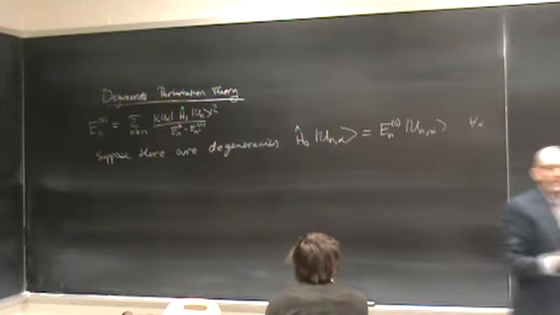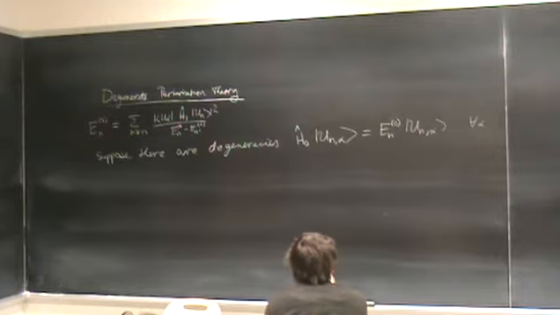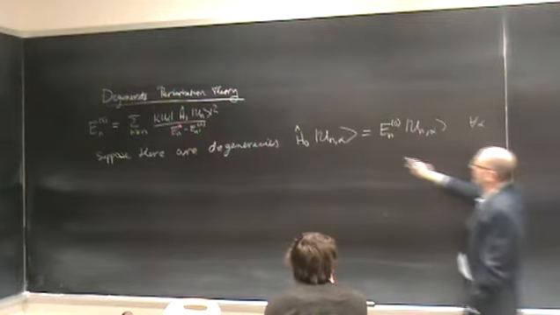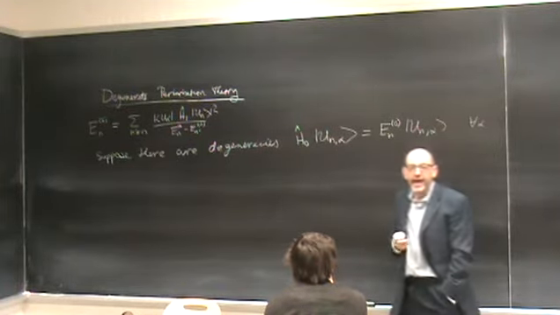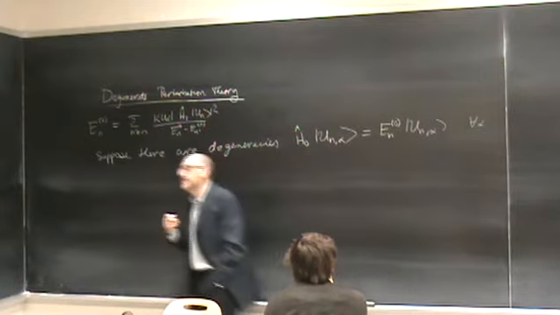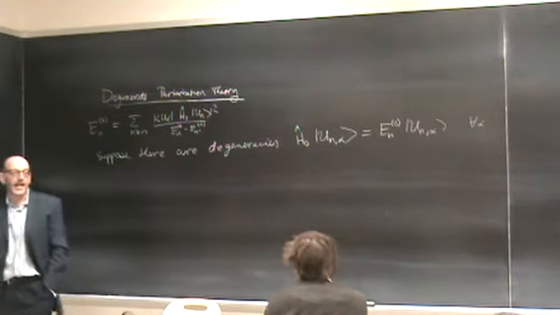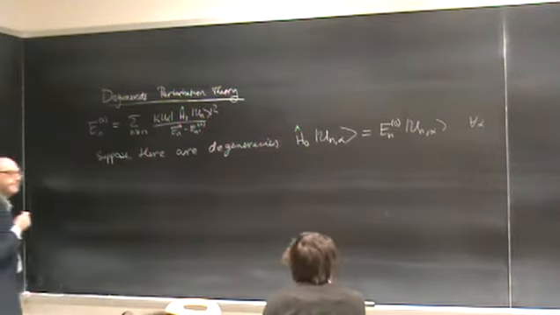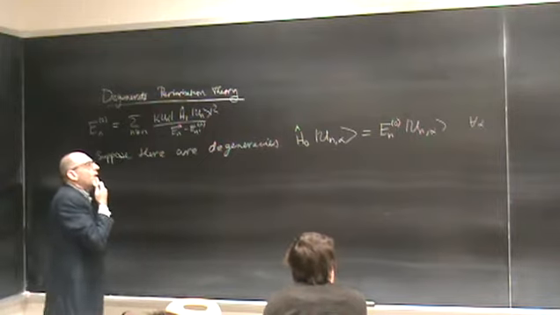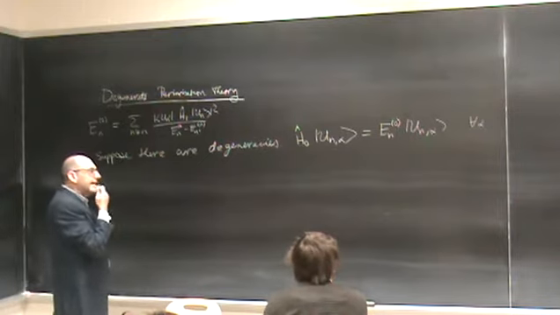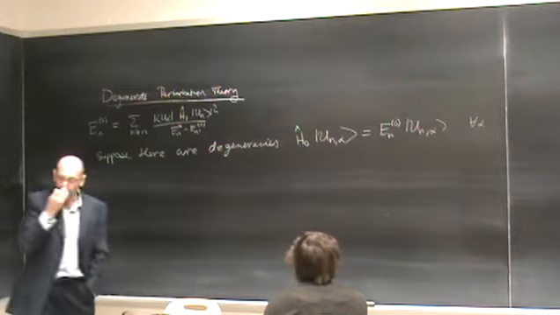Alpha is just some other quantum number, like N and L. Okay? So the energy only depends on N, but it doesn't depend on alpha. Like in hydrogen, alpha could be L and N. All right? So the way we can deal with this is the following.